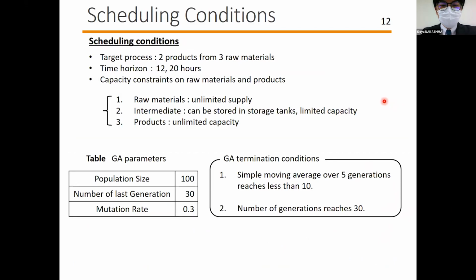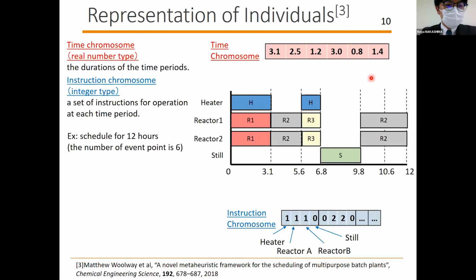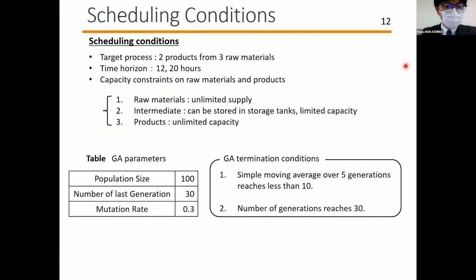The above system was used to compare with the scheduling and heat recovery design results from other methods. We assume the 2 patterns of time horizon, 12 and 20 hours, for the process that produces 2 products from 3 raw materials previously described.